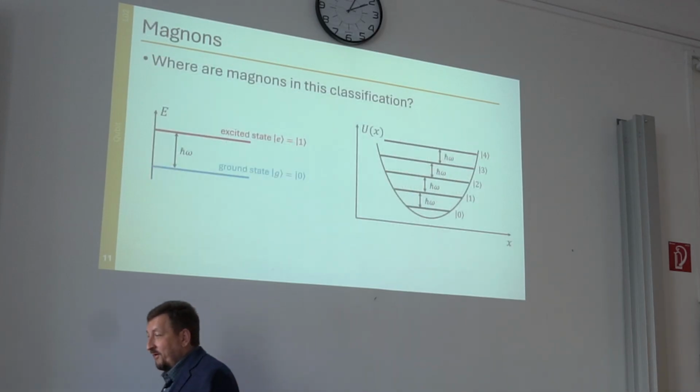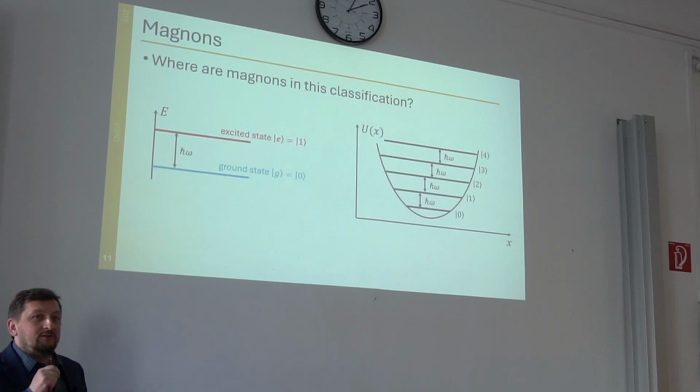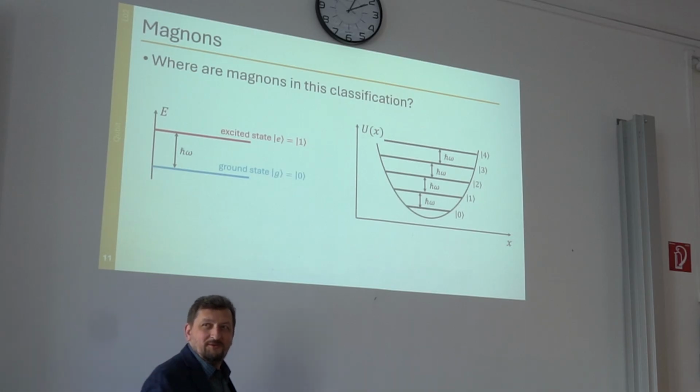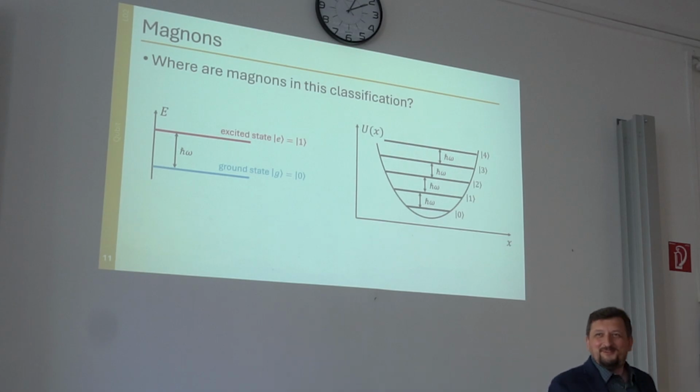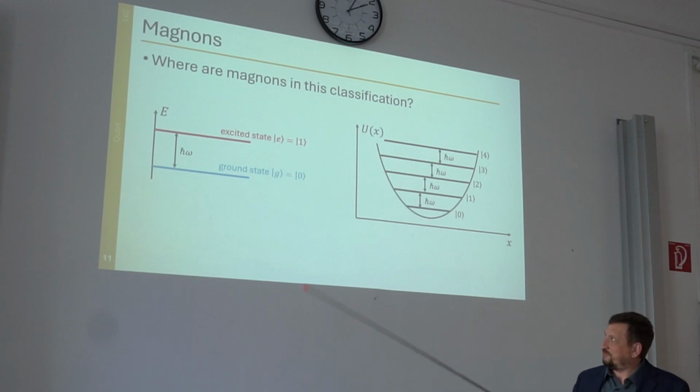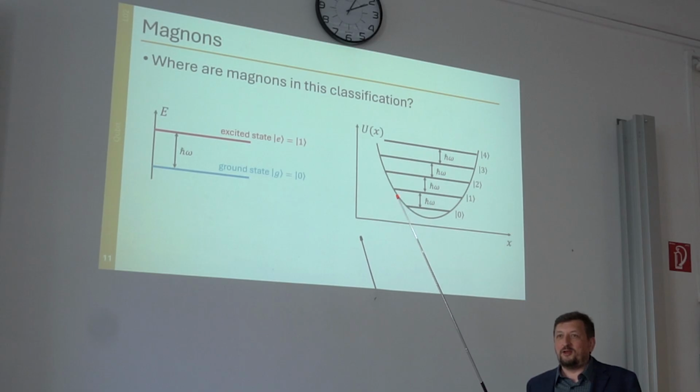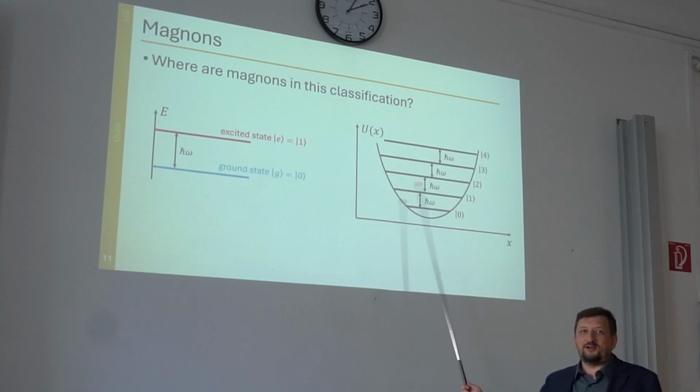So now, where are magnons in this classification? We are talking about two simple models: qubit and quantum harmonic oscillator. So where are magnons, here or there?